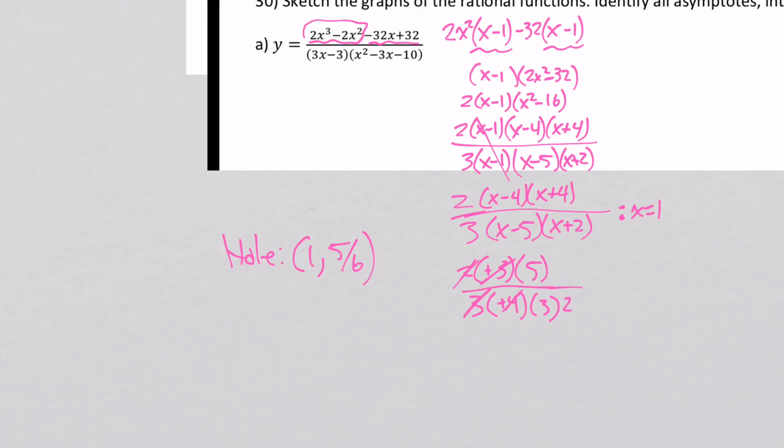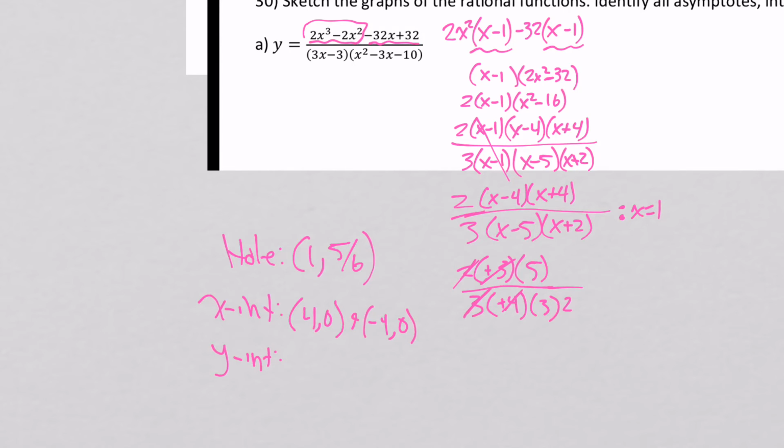So how about we find our x-intercepts next? In my numerator, I have x minus 4, x plus 4, which tells me I will have x-intercepts at positive 4 and negative 4. So write them as points, because that's what they are. So 4, 0, and negative 4, 0 are my x-intercepts. Let's do our y-intercept. It says to find the intercepts, that means x and y. The y-intercept happens when x is 0, so we need to plug in 0.